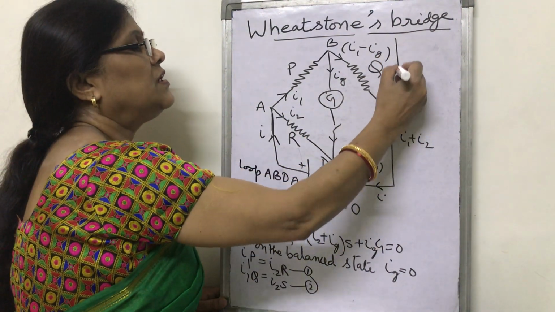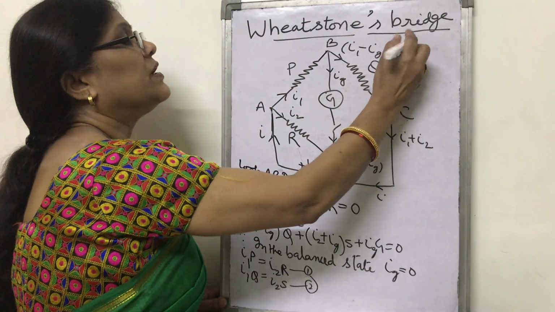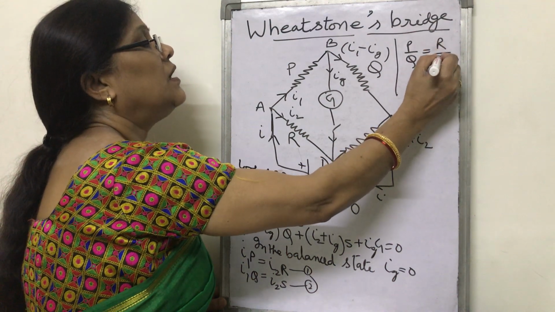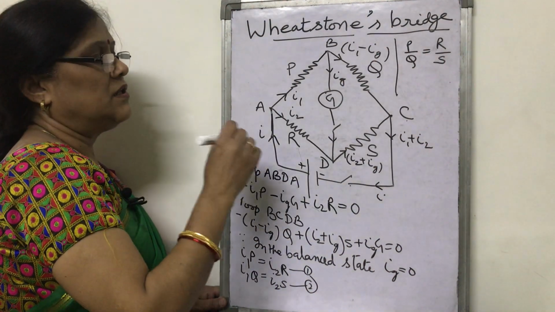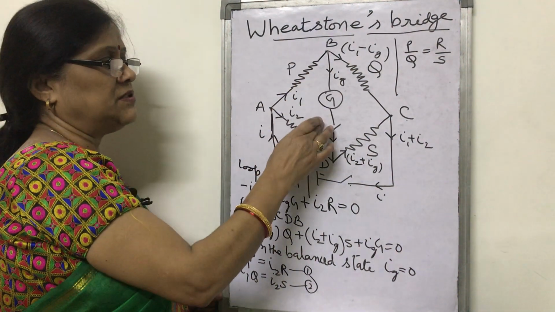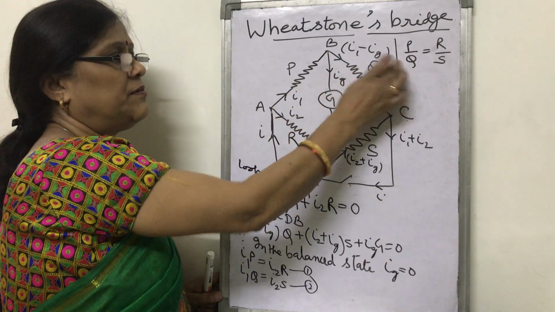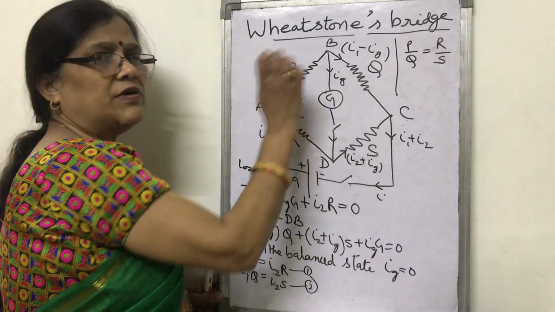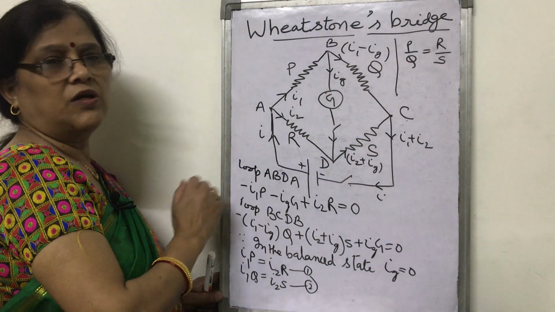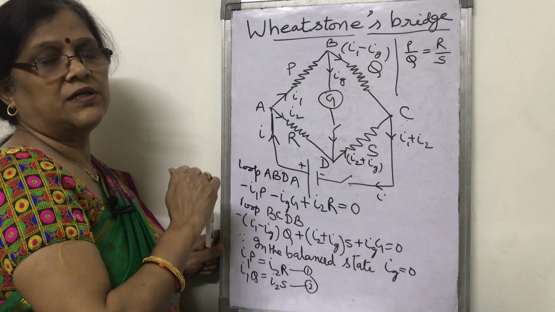I1 will be cancelled, so you will get P by Q equal to R by S. And this is the principle you were told, that in the balanced state the ratio of resistances of two adjacent arms, that is P by Q, is equal to the ratio of resistances of the other two arms, that is R by S.